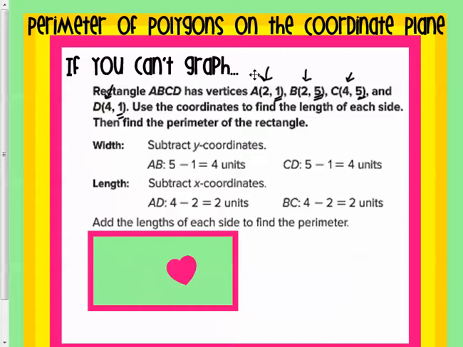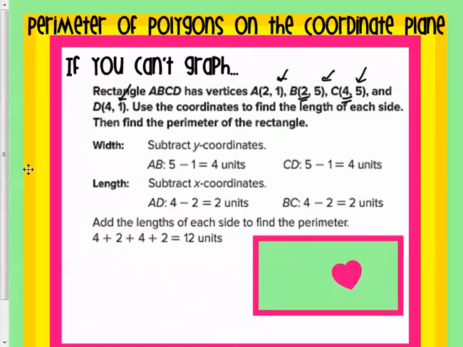Okay, so I subtract and I still get 4 units away. So for those two, the difference in their y's is 4 units. The difference in their x's would be A and D because they both have a 1 in their y. So 2 and 4, if I subtract, I get 2 units. And then over here, if I look at 5 and 5 as the y, 4 and 2 again is 2 units. So add the lengths of the sides to find the perimeter.